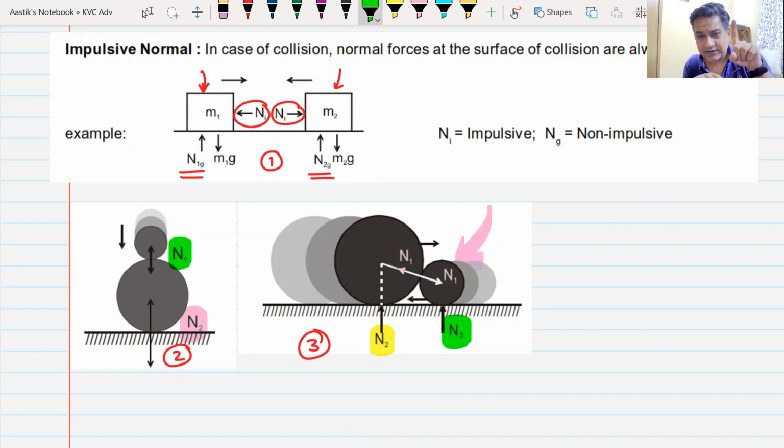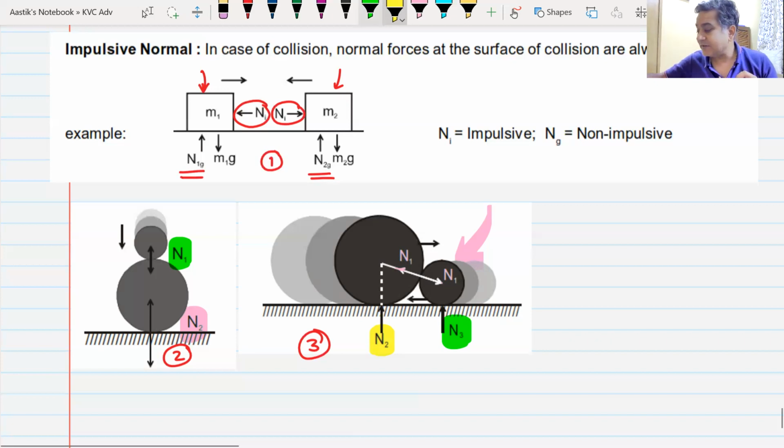Normal reaction number 1, is it impulsive or non-impulsive? N1 impulsive, sir. What about N2? Non-impulsive. Very good. What about N3? Non-impulsive, sir. No, N3 is impulsive.